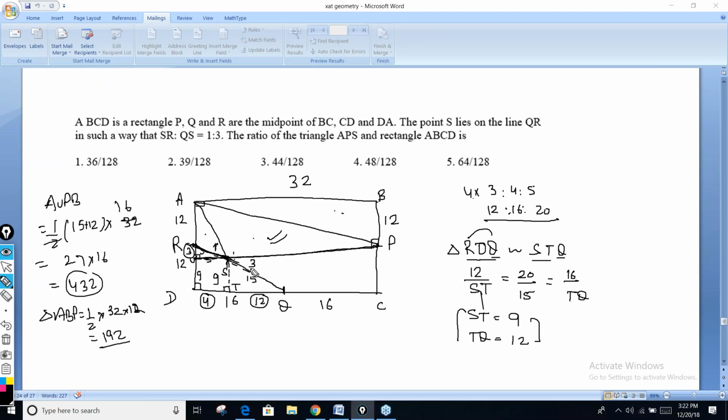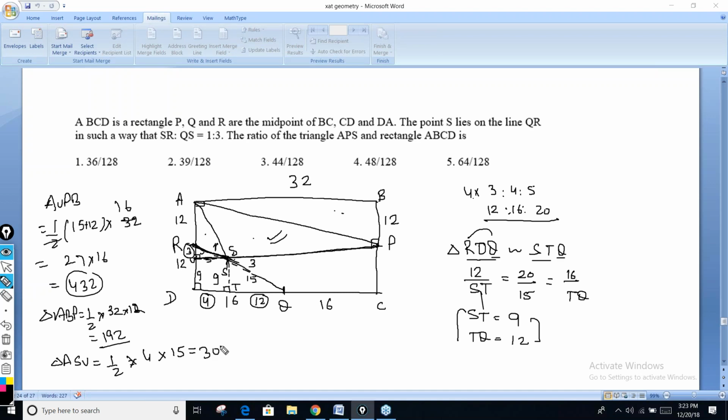The area of triangle A, that point was S, ASR. Can we get it directly? ASU. Yes, we can get it ASU as well. Half, base is 4, and height is 15.